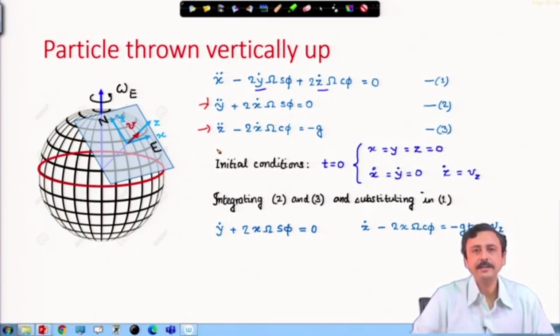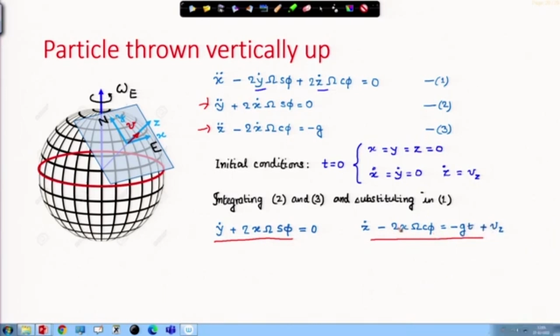Therefore, I can easily integrate equations 2 and 3 and obtain these integrals using the initial conditions. Remember, we have to always use initial conditions, and you can check that at t equal to 0, when x is 0, z dot is v z, and when x is 0, that means at the origin y dot is 0.